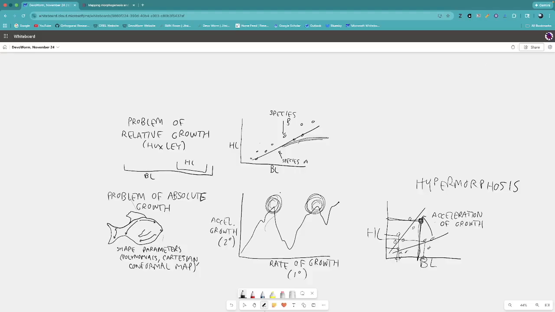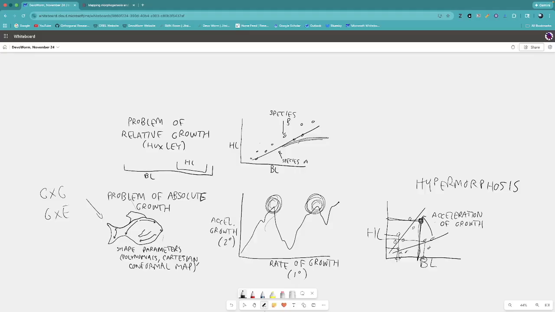Nevertheless, this absolute growth is very interesting because it is a way to look at growth as almost like a fractal process where there's a growth in the entire organism. We can see the emergent features of the genome and environment. So there are all these gene and gene-environment interactions going on here that represent the shape.